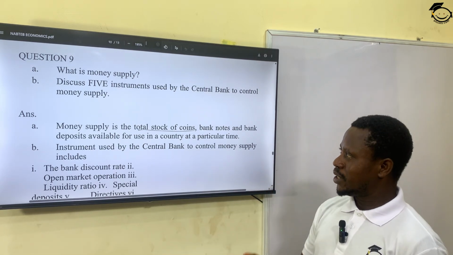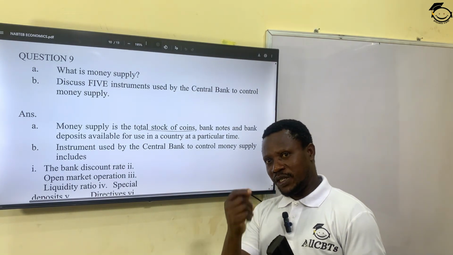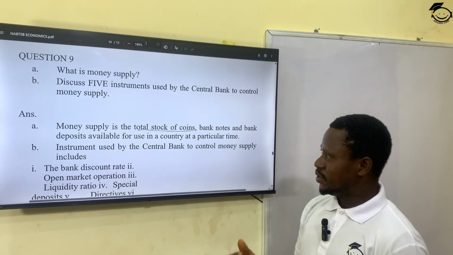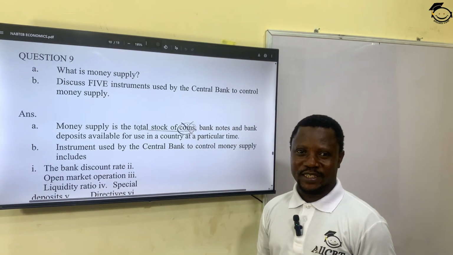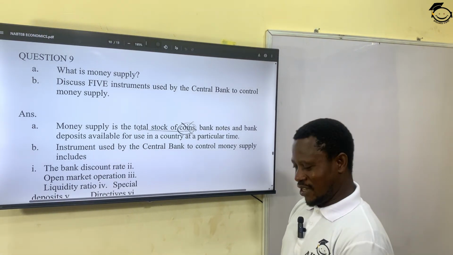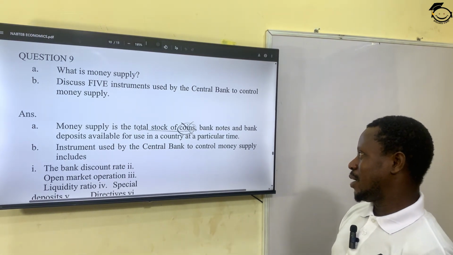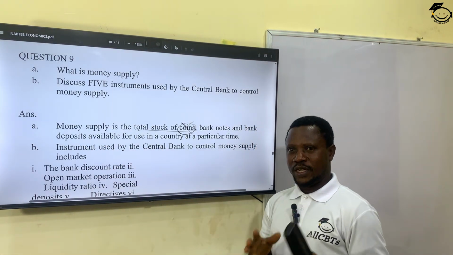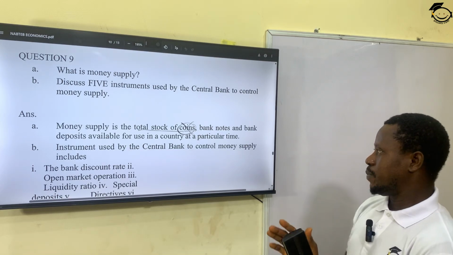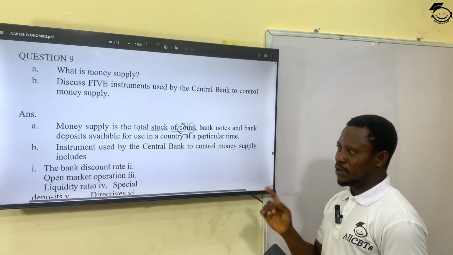The total amount of money. This money could be in notes, cash, could be in coins. I don't want to start mentioning coins because coins are no longer existing in the Nigerian economy at the moment. Okay, though it's still a legal tender, but I'm not sure it's in circulation. Bank deposits that are available for use in a particular economy at a particular time, we call it supply of money or money supply.